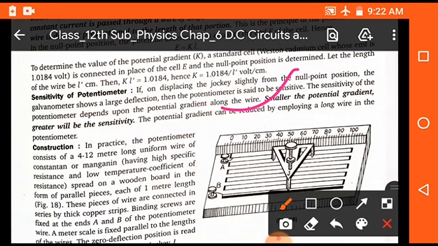That means the sensitivity depends on the potential gradient. Potential gradient means the change in potential with respect to distance. So the greater the potential gradient, the lower the sensitivity will be, which means it is inversely proportional.